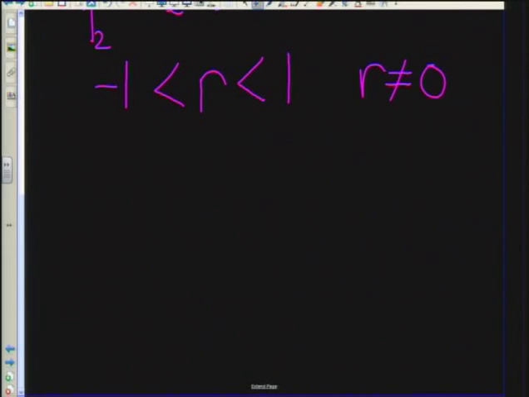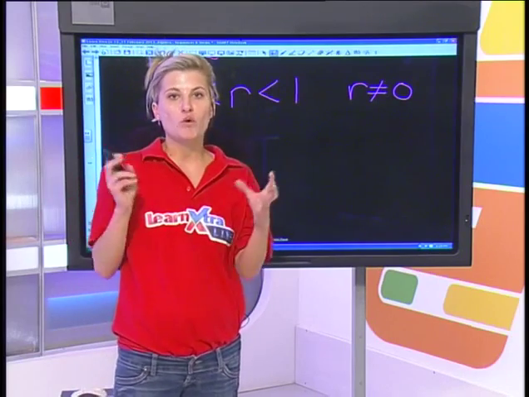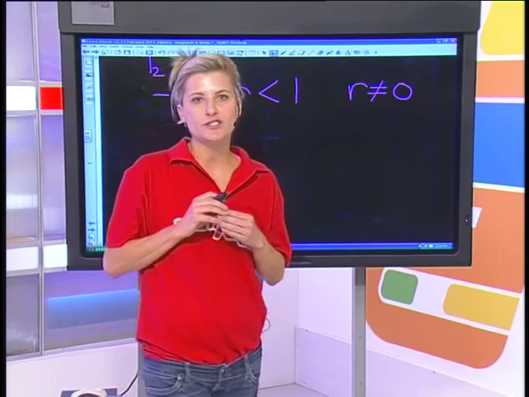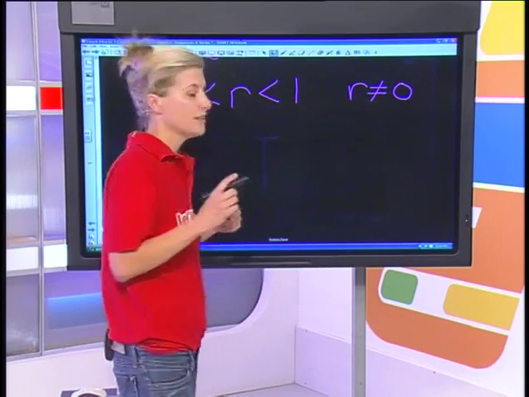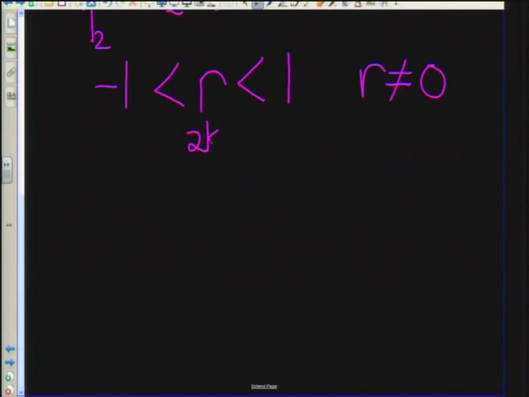The next thing you will do is replace your r with your constant ratio in this particular question, and this was 2k plus 1. So I say now 2k plus 1 must be greater than -1 and less than 1.